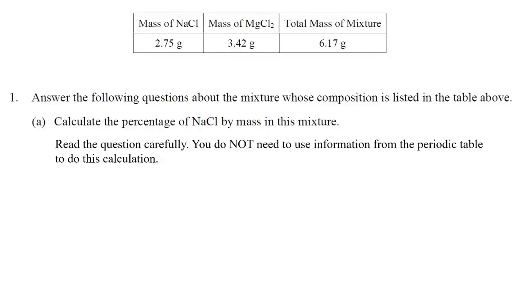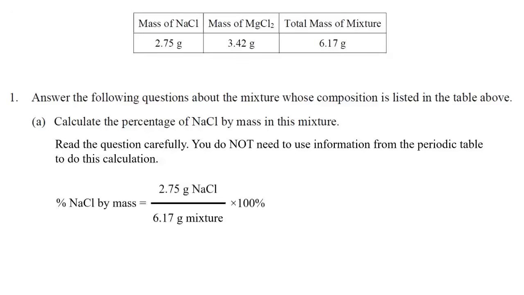But here, the part divided by the whole involves the mass of sodium chloride and the mass of the entire mixture. So the calculation for the percent of sodium chloride by mass is 2.75 grams of sodium chloride divided by 6.17 grams for the entire mixture. So that's the percentage of sodium chloride by mass.